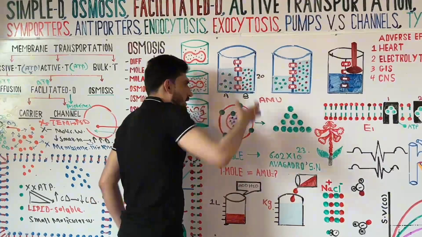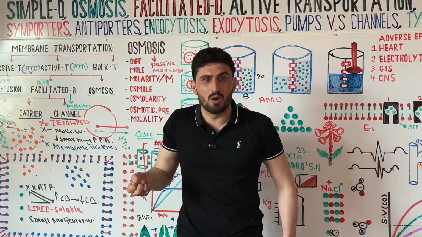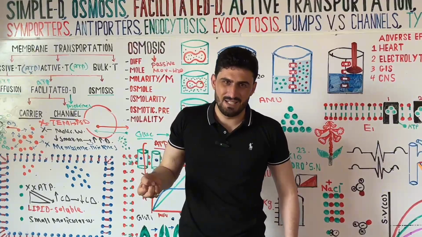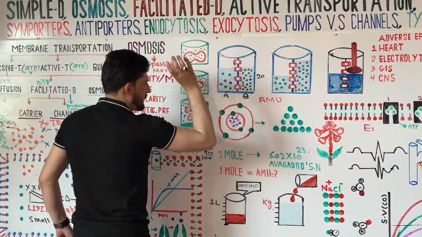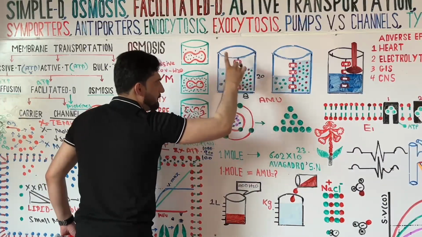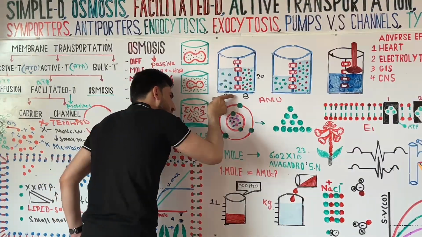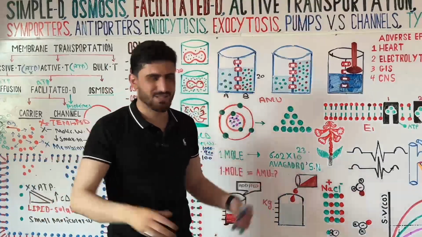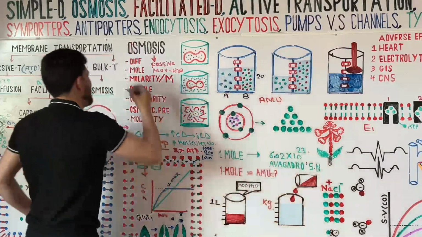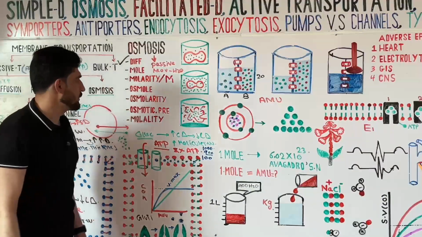So here solutes will absorb water into its cells. So osmosis is the movement of water through a semi-permeable membrane from low concentration area of solutes to high concentration area of solutes. So this was the easiest part of osmosis.